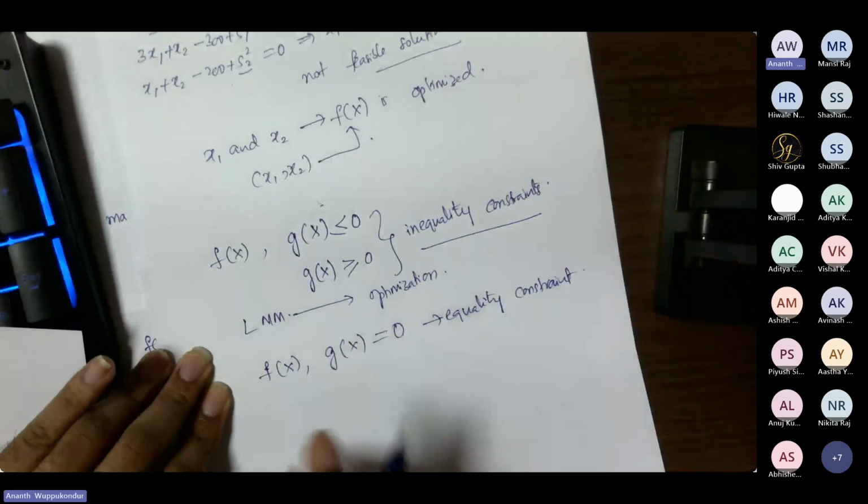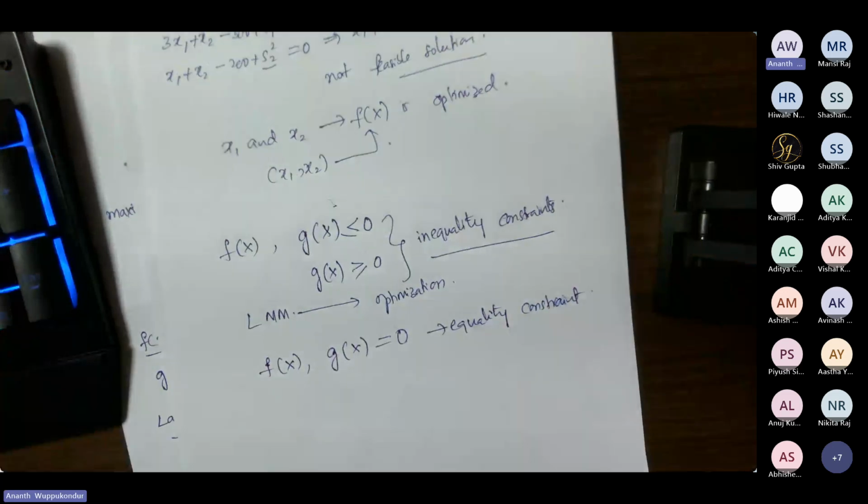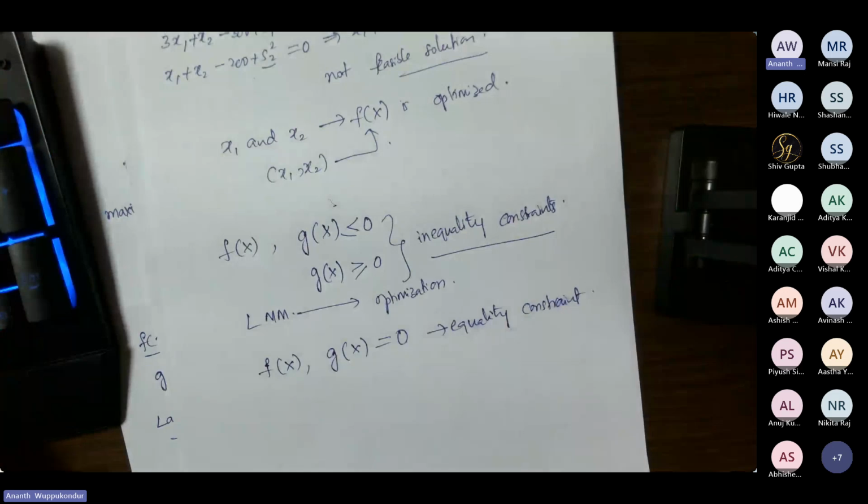What we saw so far are the inequality constraints, when g of x is either less than or equal to 0 or more than or equal to 0. So now let us look at a simple problem where g of x, the given constraint itself, is equal to 0. So we don't have to use the Lagrangian method.